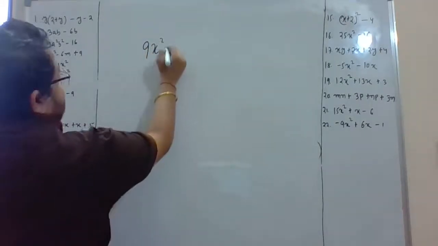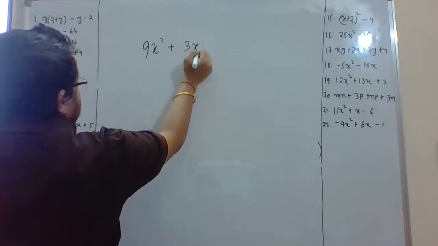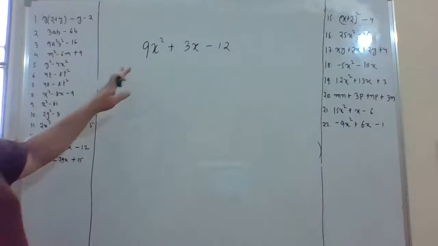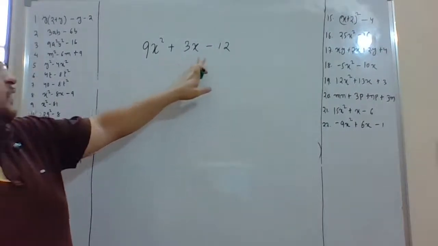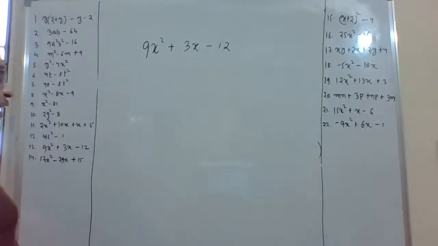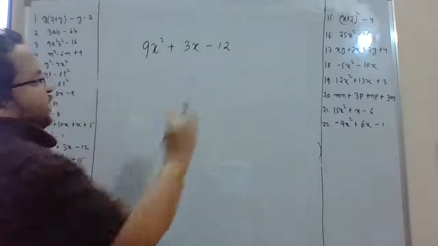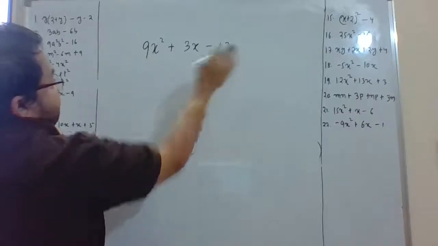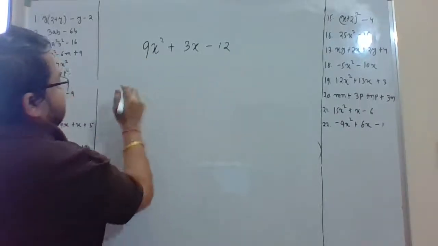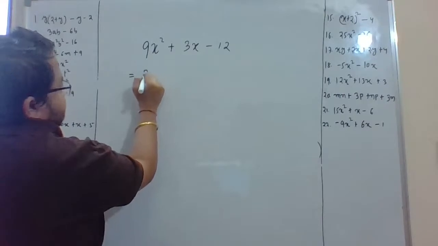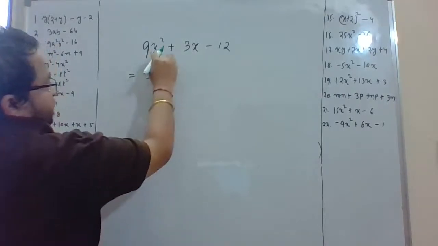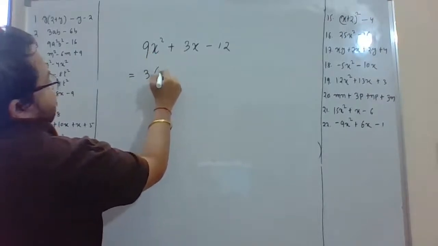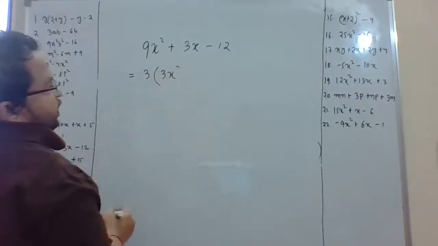So let us move on to the next practice problem, which is 9x squared plus 3x minus 12. So again, can I take any common factor from all these terms? The answer is yes. There is a common factor 3, which I can eliminate from all of these. So let me rewrite this with 3 as the common factor. 9x squared by 3 is nothing but 3x squared, right?